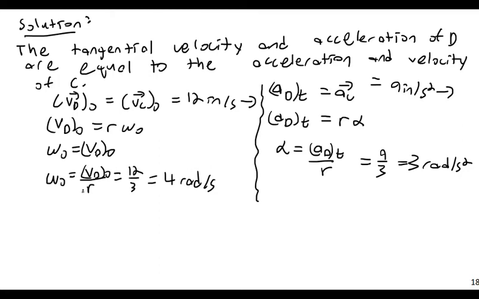Okay, so I have the initial angular velocity of point D and the angular acceleration. On the next slide, I'm going to apply the relations for uniformly accelerated rotation to determine the velocity and angular position of the pulley after 2 seconds.